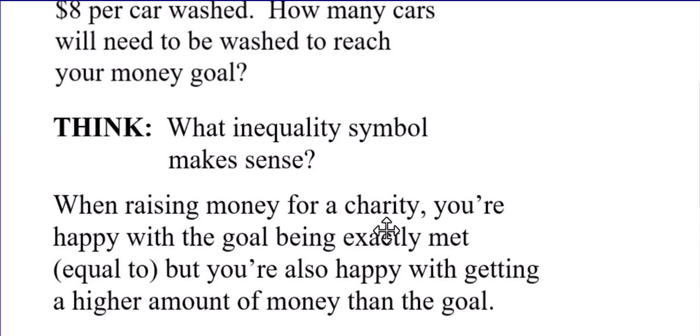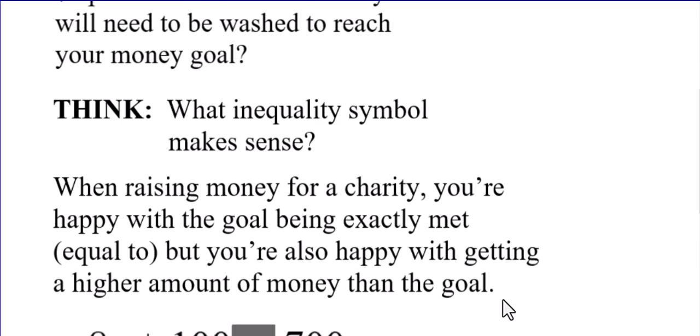When raising money for a charity, you're happy with the goal being exactly met, which means equal to, but you're also happy with getting a higher amount of money than the goal. That's what makes sense when you're raising money for a charity.